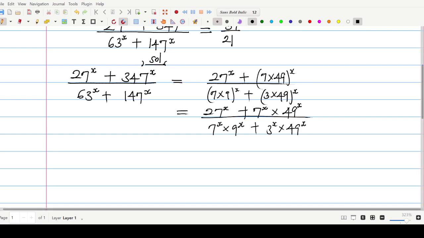Can you see that? Now we shall divide the numerator and the denominator of this our current expression by 7 to the power of x times 9 to the power of x.